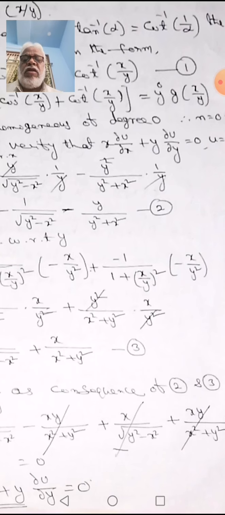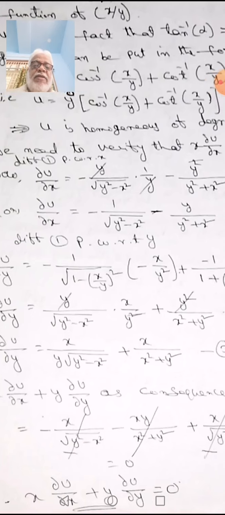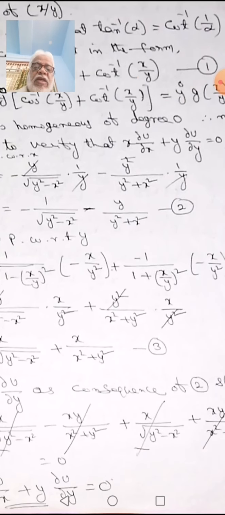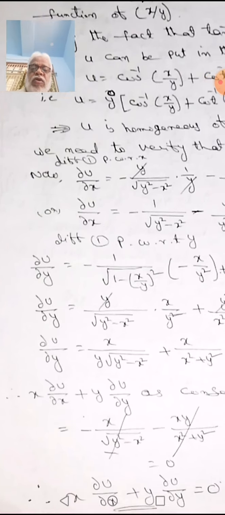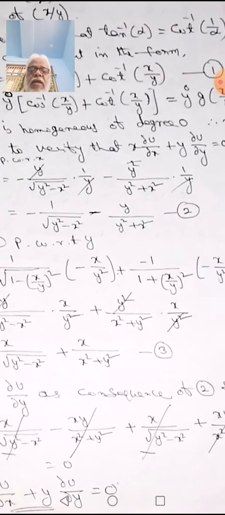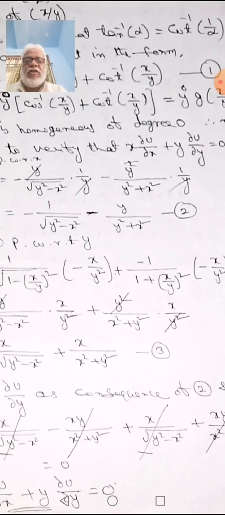So the LCM for the denominator is y square plus x square, and y square comes in the numerator. After simplification, in the first term the y under the root cancels, and in the second term y square cancels. So finally we get ∂u/∂y is x by y under root of y square minus x square plus x by y square plus x square.